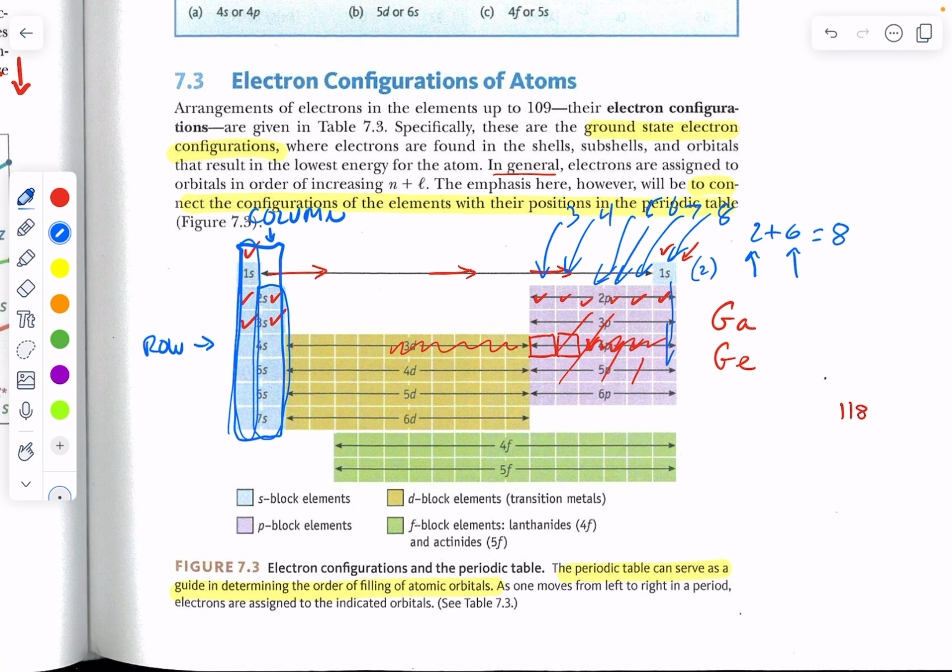The first 2 columns are called the S block elements, and they represent the alkali metals and the alkaline earth metals, which will be mentioned in the next screencast, if I remember correctly.